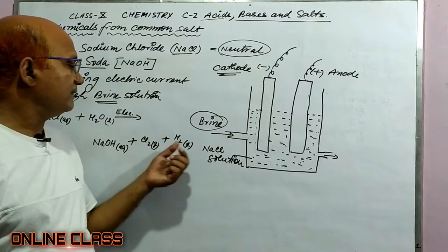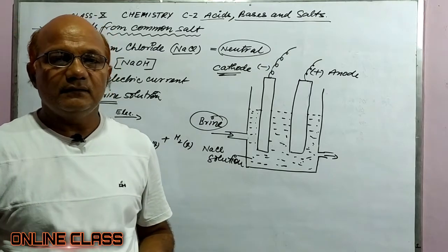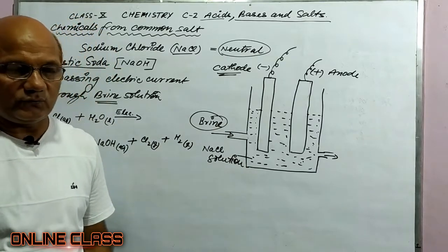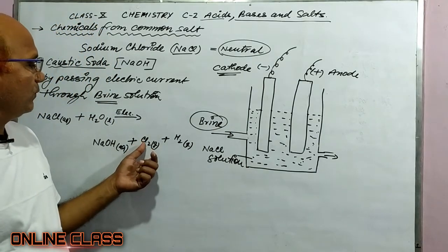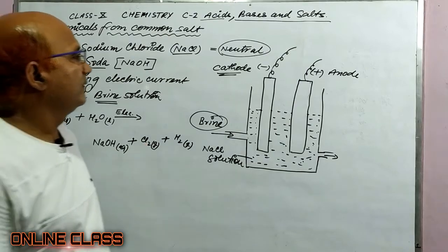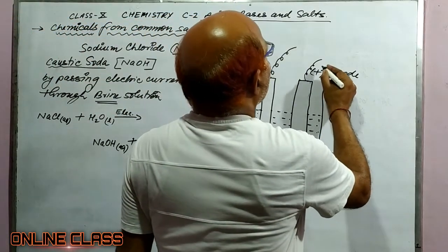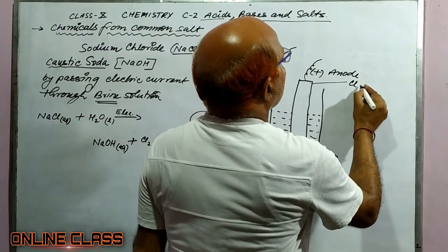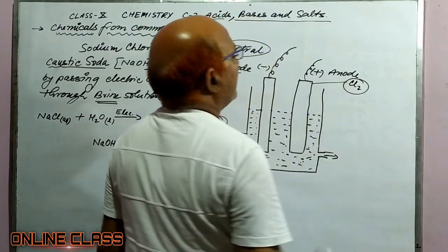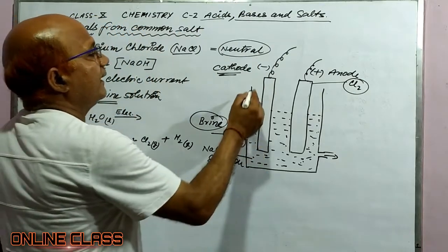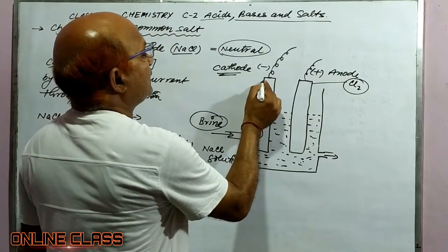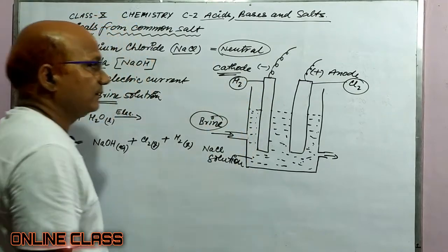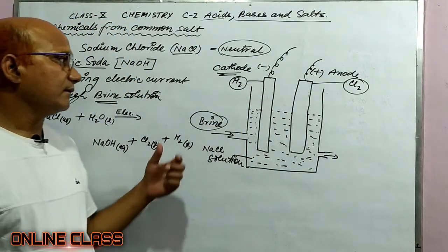These gases are liberated or released at electrodes. So, chlorine gas is released at anode and hydrogen gas is released at cathode.